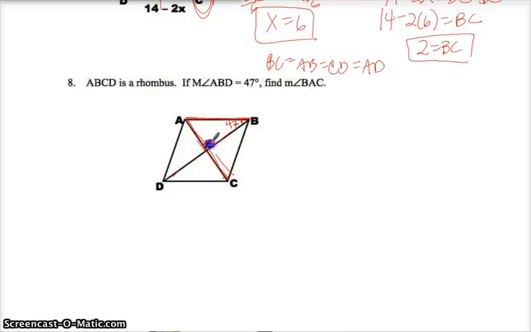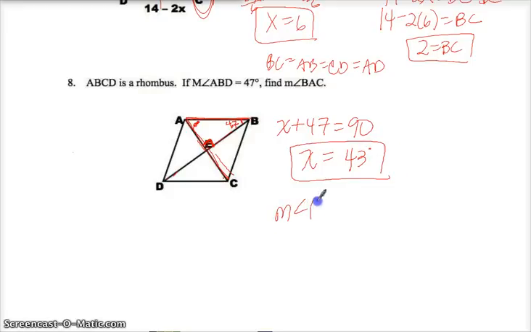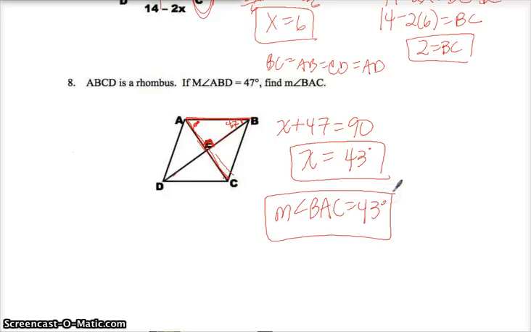So if this is a 90 degree angle here and this is a 47 degree angle here, this angle right here, angle BAC, must add to 47 to get 90, because this is already 90 taken care of. So then x has to equal 43 degrees. I'm sorry, so that's really the measure of angle BAC is equal to 43 degrees, because of that triangle sum theorem again. But it's also going back to the idea that the diagonals of a rhombus intersect each other at 90 degrees.